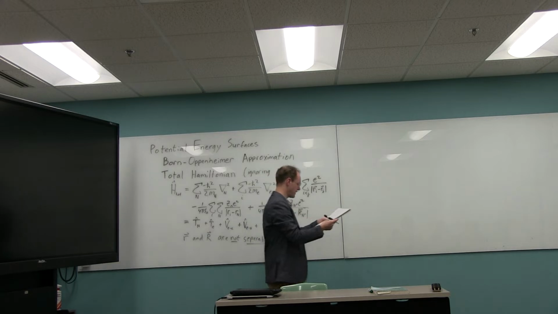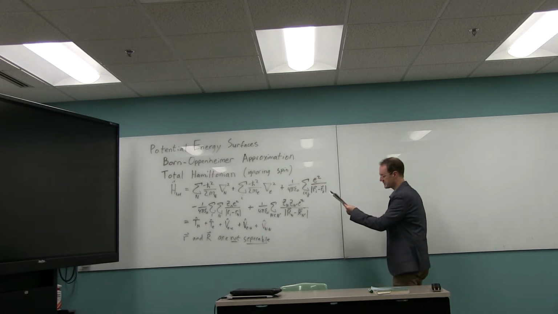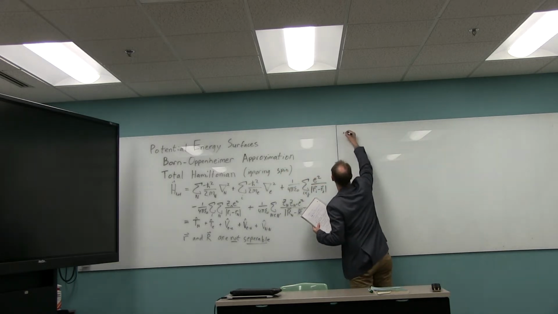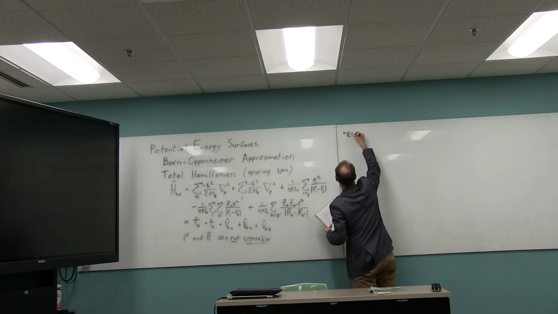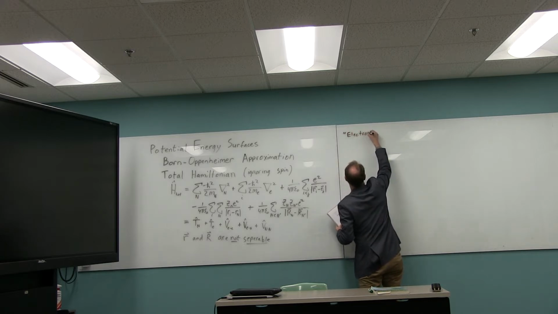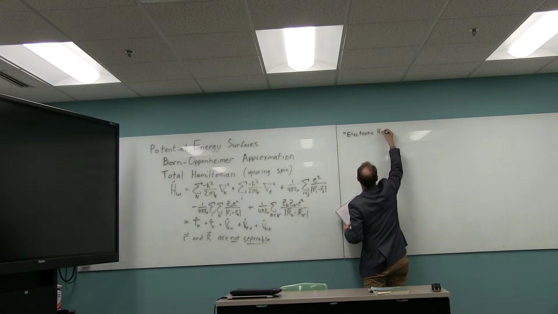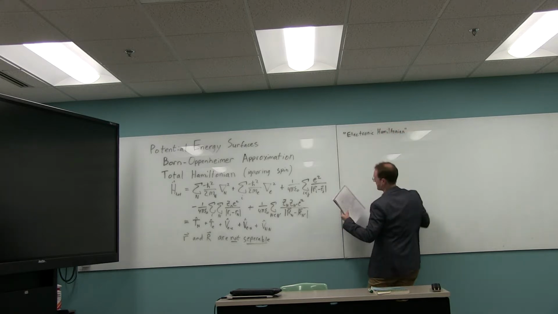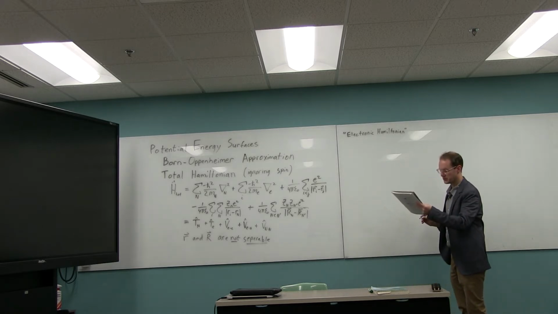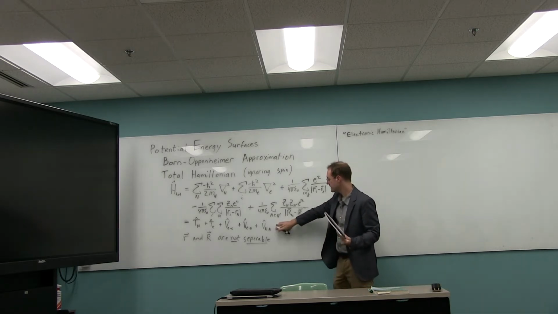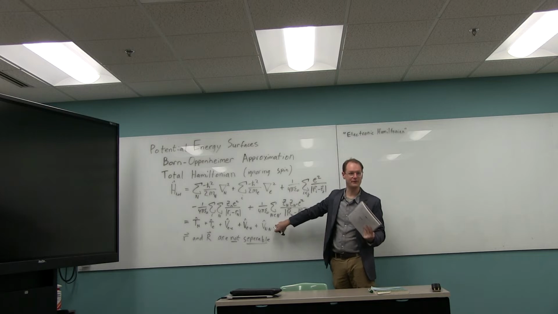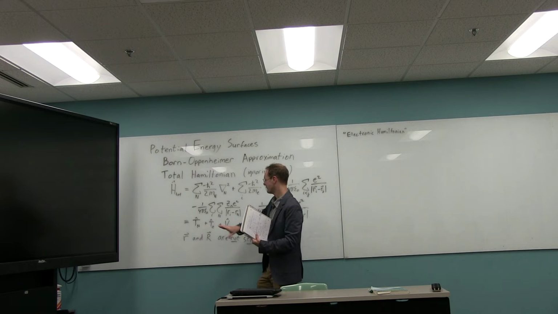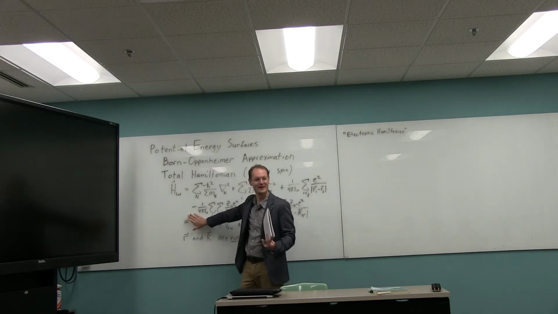So in the Born-Oppenheimer approximation, we define what's called an electronic Hamiltonian. The electronic Hamiltonian includes all these terms except for one of them. If we get rid of one term, we make our lives much simpler, and that is the kinetic energy operator acting on the nuclei.